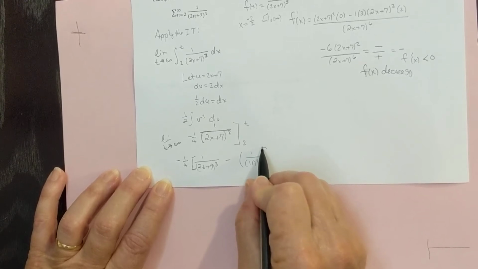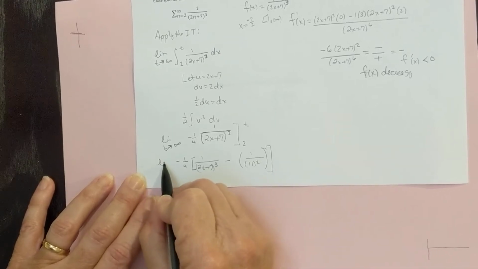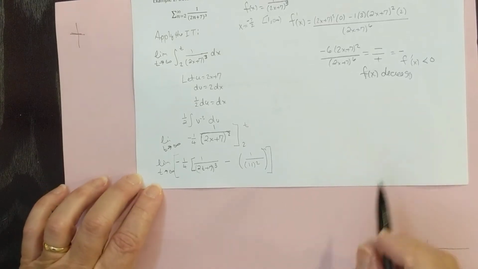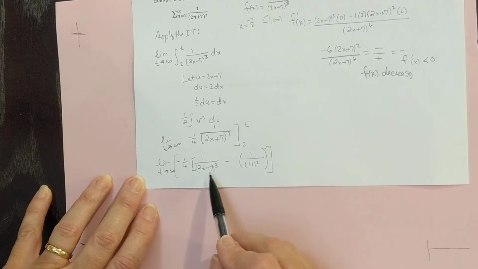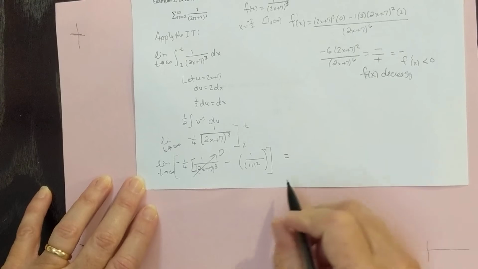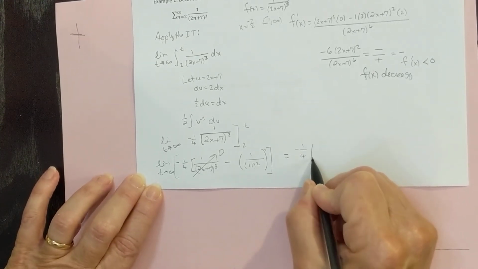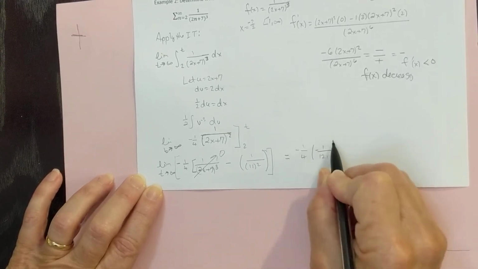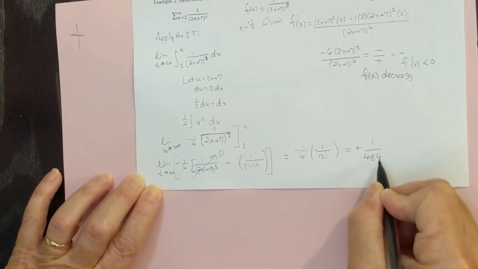And this is the limit as t goes to infinity of all of this. As t is going to infinity, 2 times infinity plus 7 squared is enormous, and this is going to 0. So what this is equal to is just negative 1/4 times negative 1 over 11 squared, which is 121. A negative times a negative is a positive. I get 1 over 484.